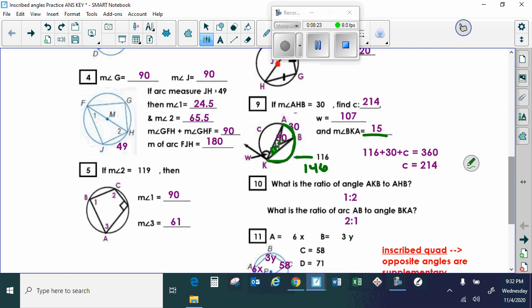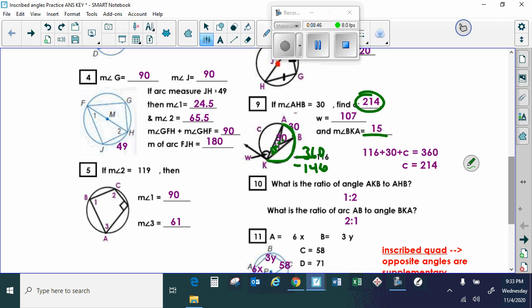Okay, which makes arc C right here. Notice there's another point. This is the arc C. It's the same thing as arc AK. Okay, all the way from A to K. So that would be 360 minus the 146, which gives you 214 right there.